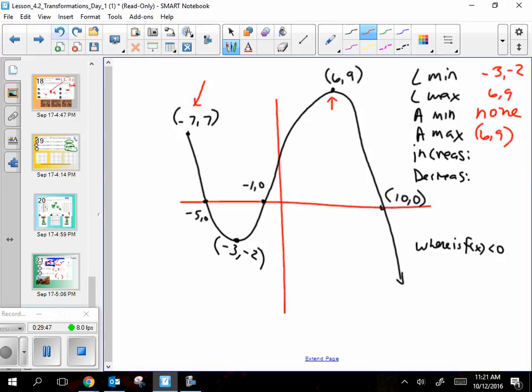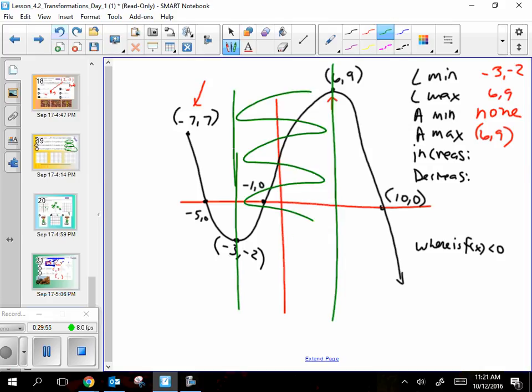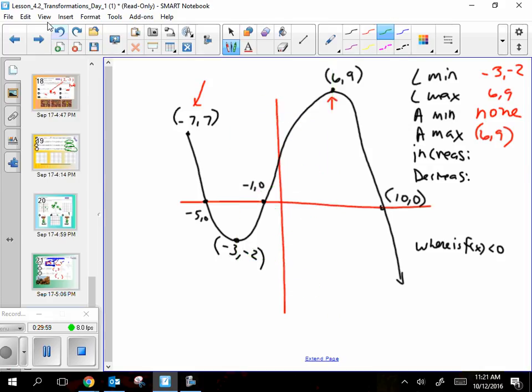Increasing. This is supposed to be over an interval. It's increasing from here to here. In that zone there, in the green zone, it was increasing. So we say the x values of those spots. So it's from -3 to 6. Decreasing, there's actually two places it was decreasing. From here to here.